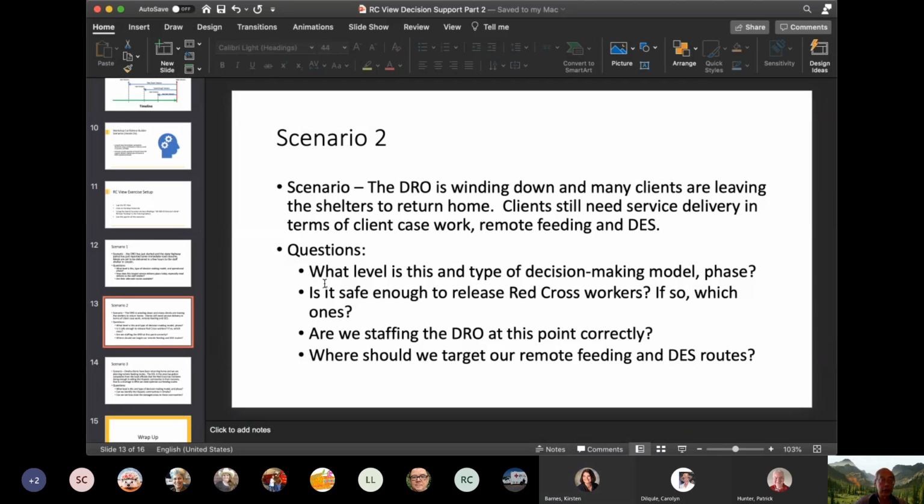So this would give an indication it's probably in the tail end of the recovery phase, at the end of the stabilization phase, right before demo. My clients are going home. Our service delivery needs to continue with client casework, remote feeding, and bulk distribution.